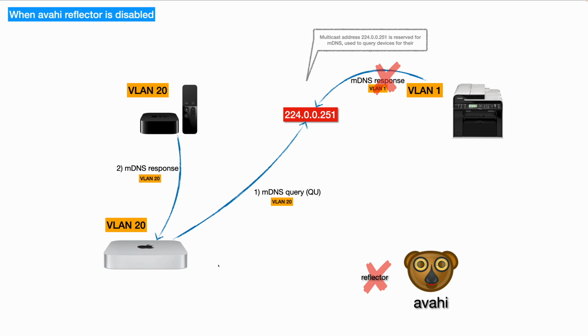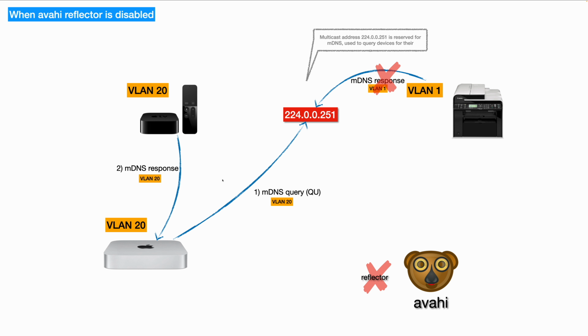These two packets happen in the same VLAN, VLAN 20. In the VLAN 1 side, because we disabled the reflector, the multicast query won't reach another VLAN, so this printer will not receive the query at all. Of course, it won't respond, and then this Apple machine will not be aware of the existence of this printer in another VLAN. This is when the reflector is disabled.